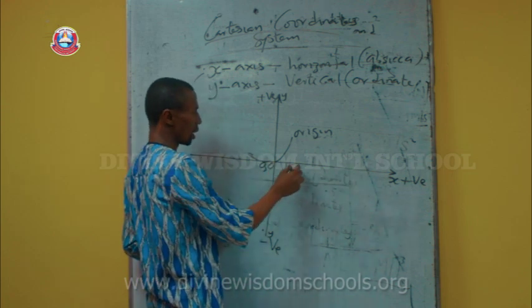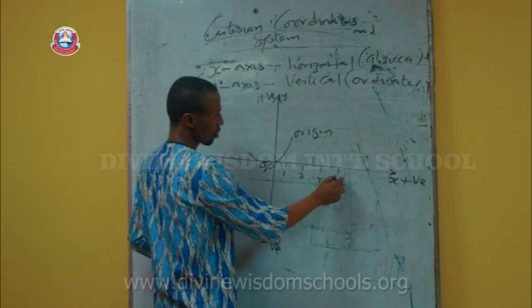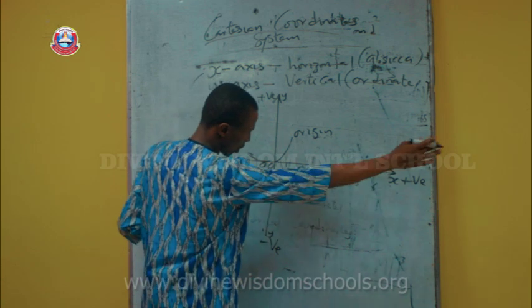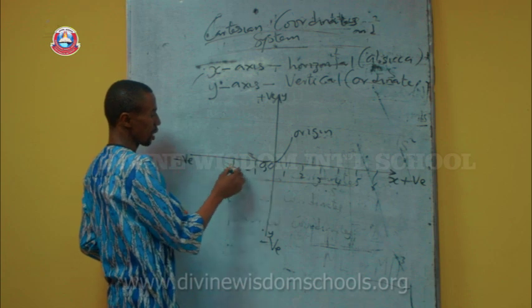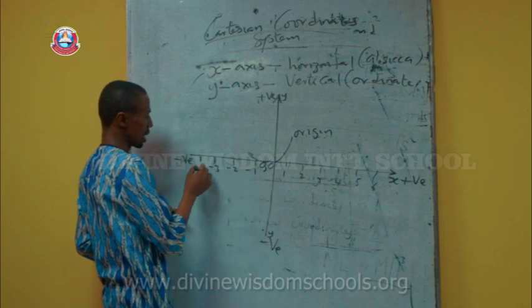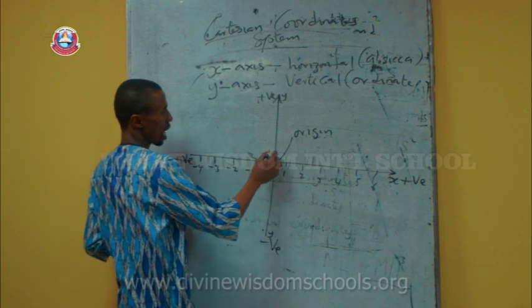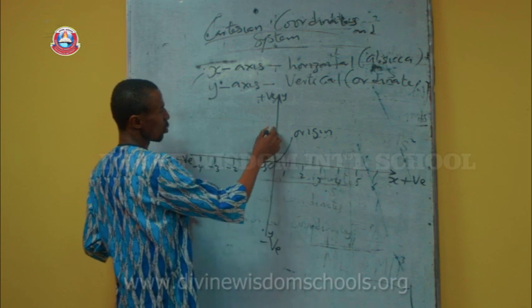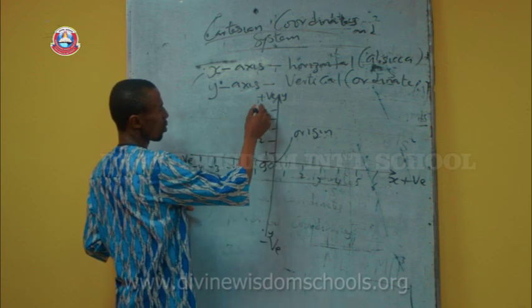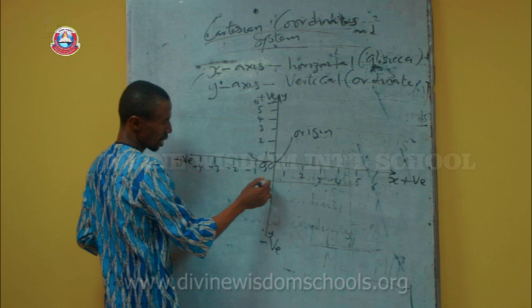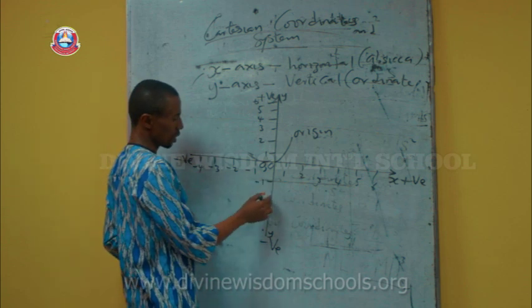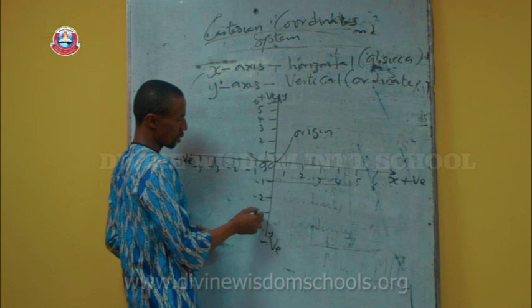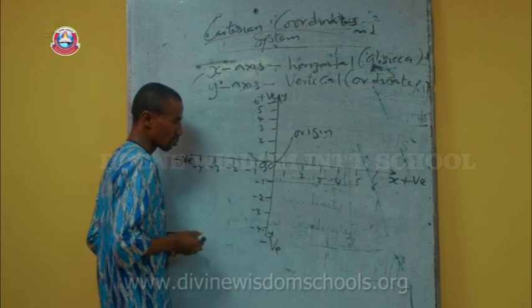So we have 1, 2, 3, 4, 5, 6, and so on. Here we have -1, -2, -3, -4. Then for the y-axis, we have 1, 2, 3, 4, 5, 6. Then for the negative y-axis, we have -1, -2, -3, -4.